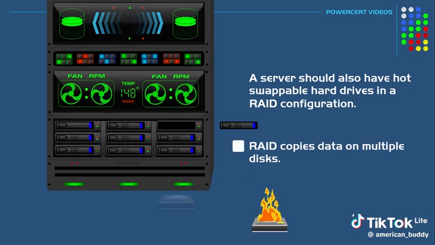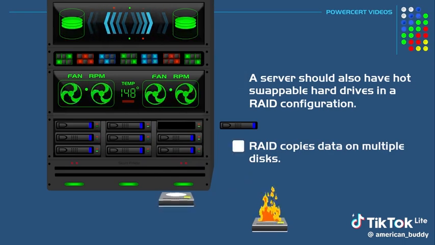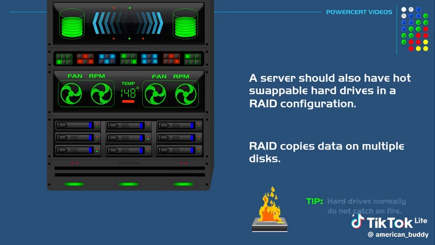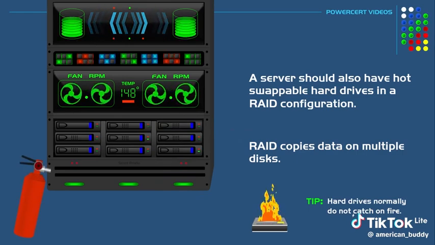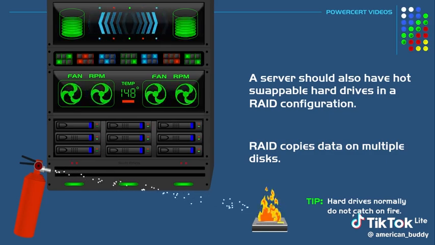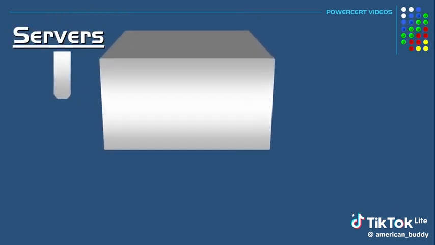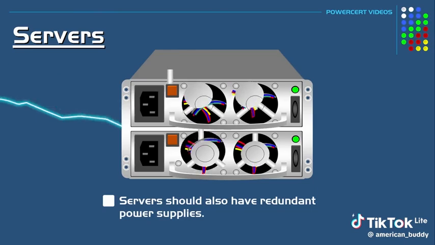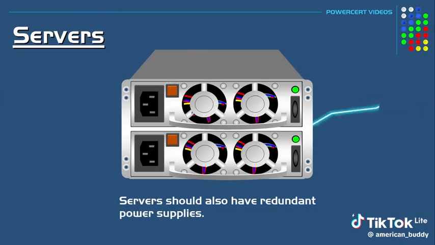RAID copies the data on multiple disks, and if a hard drive were to fail, it can be removed and replaced without shutting down the server. Then RAID would rebuild the data on the new hard drive automatically. A server should also have redundant power supplies to keep the server up and running in case of a power supply failure.